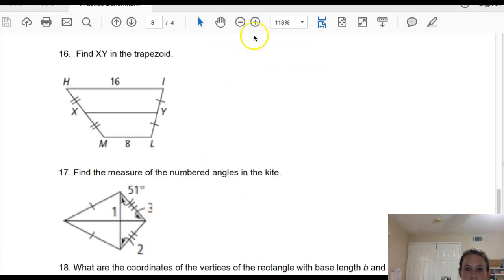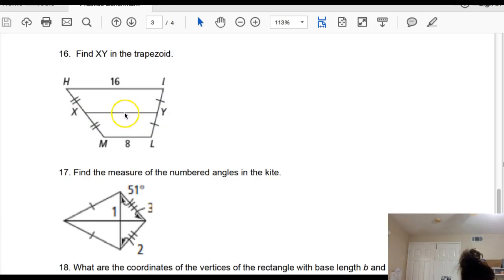All right, for number 16, you need to know the trapezoid mid-segment theorem. I believe it's page 308 or maybe 309 in your book. It's theorem 58, the trapezoid mid-segment theorem. You know this is a mid-segment because this is congruent to this and this is congruent to this. It connects the two midpoints of the sides. And the mid-segment theorem just basically says this.